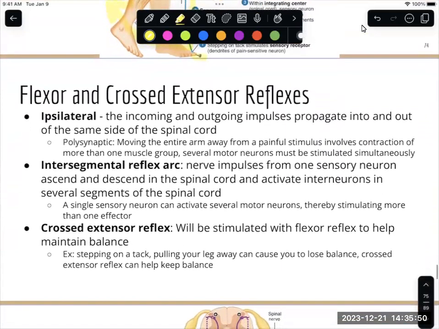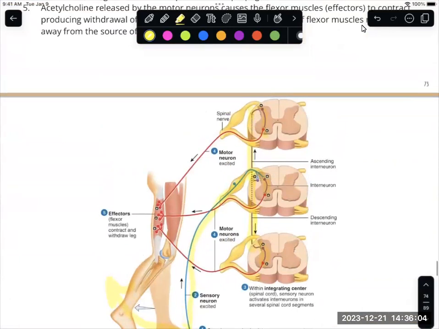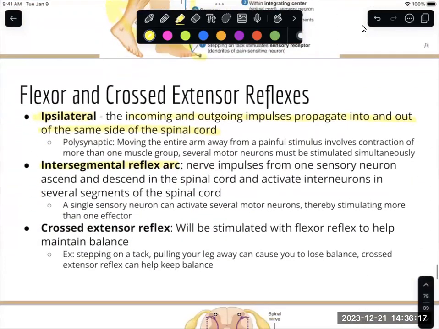We have some others. We have that ipsilateral, and that means just the same side. The information going in that one side goes out the same side. We have intersegmental, which is kind of what we talked about here, because that information needs to travel up and down different segments of that spinal cord to activate the correct effectors so you can pull your leg off of whatever nail you stepped on.